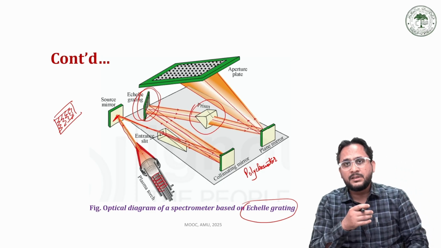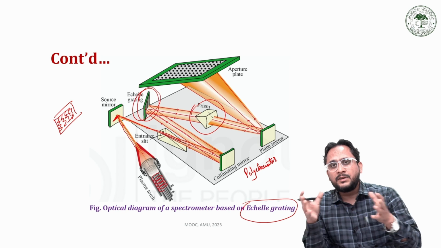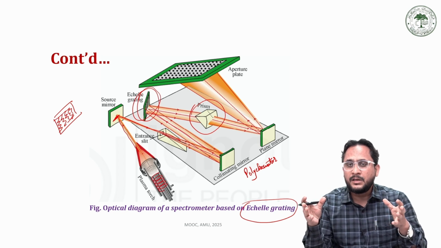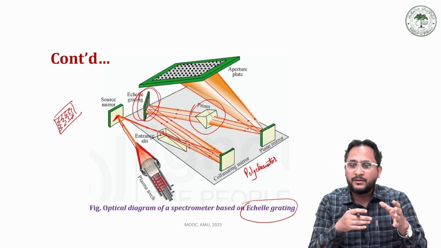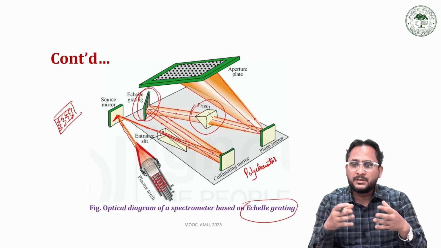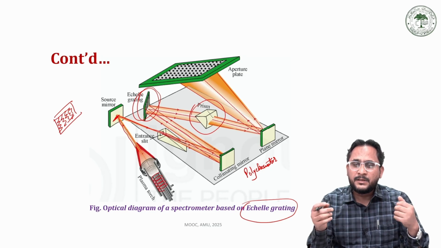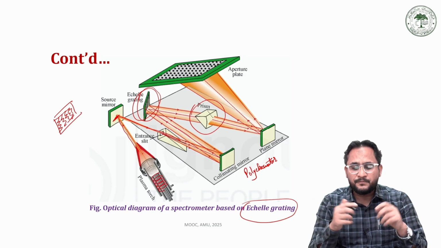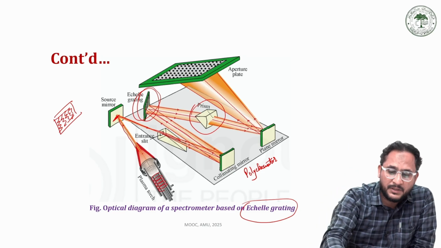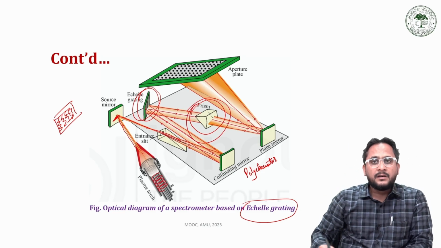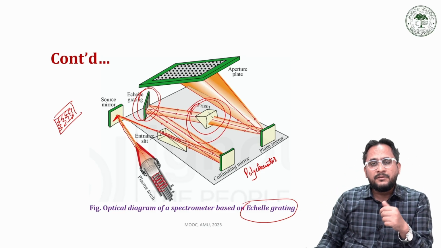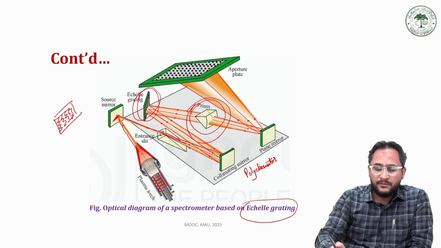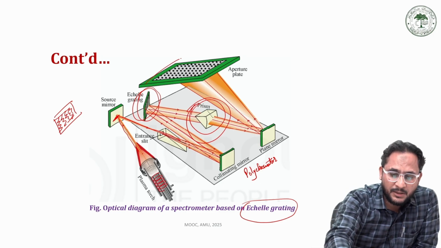Now when it falls on the axial grating, it converts this light radiation into individual radiations. For example, from 100 different wavelengths, it converts them to different individual light radiations. Then we have a prism that further narrows down the wavelengths of this radiation, and then we have an aperture plate placed over here which has different holes.